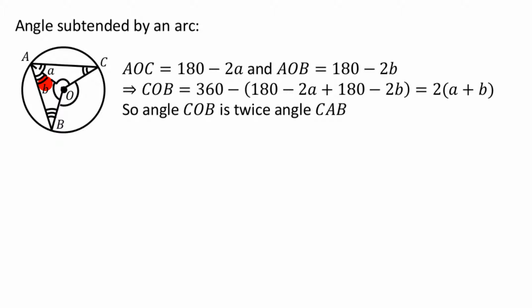Right, so we're going to prove that that rule is true, that the angle at the center is twice the angle at the circumference. And the first thing you do is you draw it out, the usual kind of standard format. And then you cut it into two with a dotted line like that.